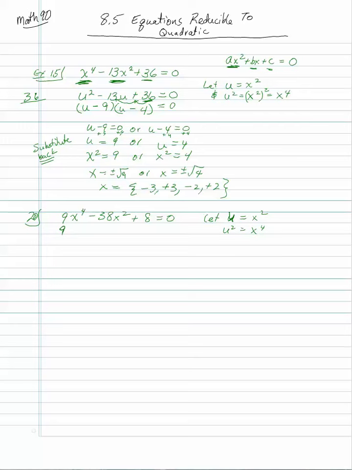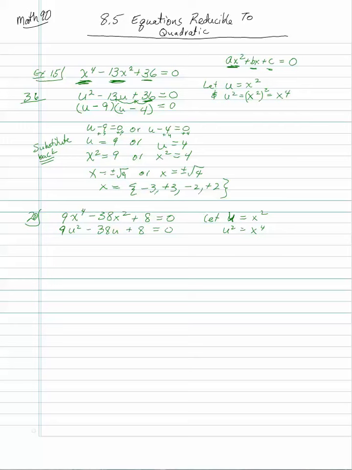I just leave them as x's, no big deal. In my head I'm thinking it's x squared squared. But for a lot of people, especially when you're first learning this, it's better to make substitutions so you can explicitly see that it's a quadratic equation.